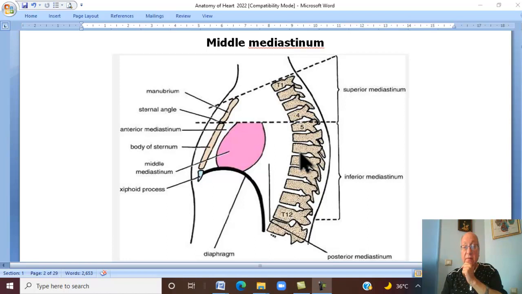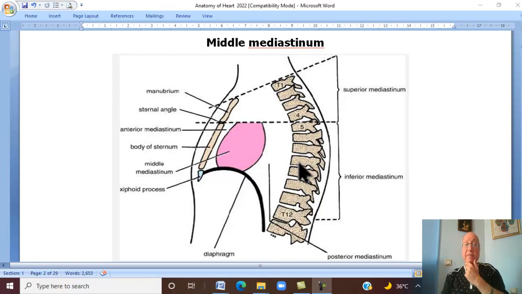Related to what? Related to the thoracic vertebrae. The middle four thoracic vertebrae: thoracic vertebra number 5, 6, 7, and 8.